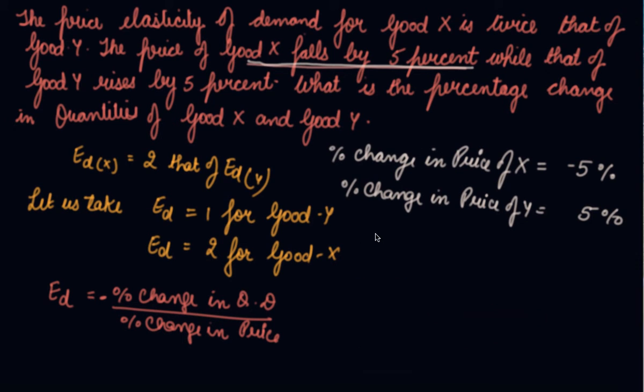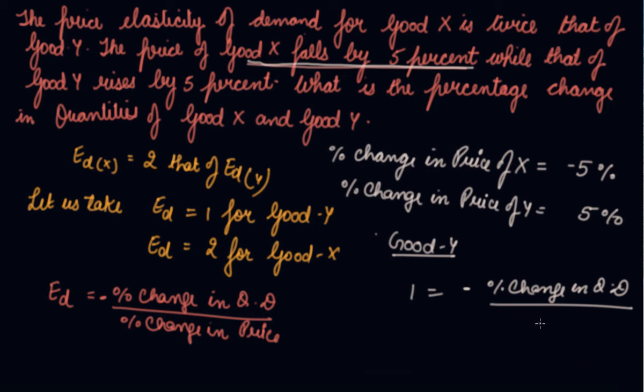Now let us take the case of good Y. See, elasticity of demand is 1. We have to find out the percentage change in quantity demanded, and the percentage change in price is 5% positive because it has increased.